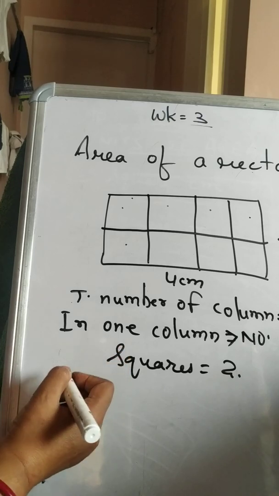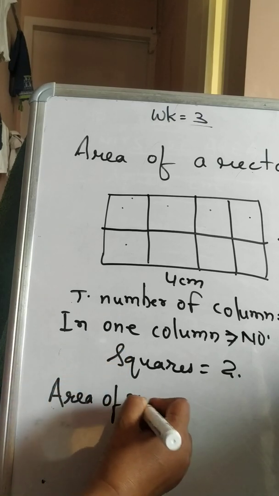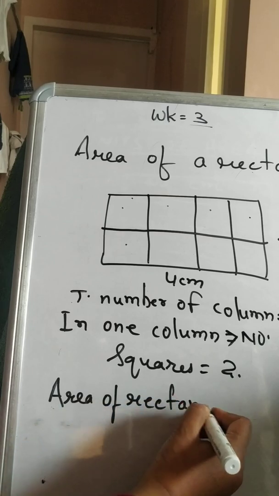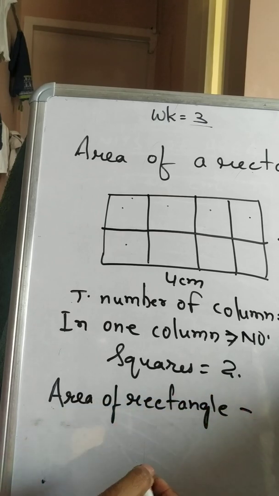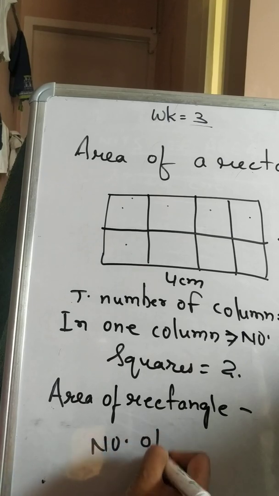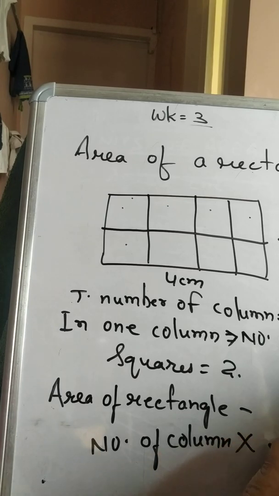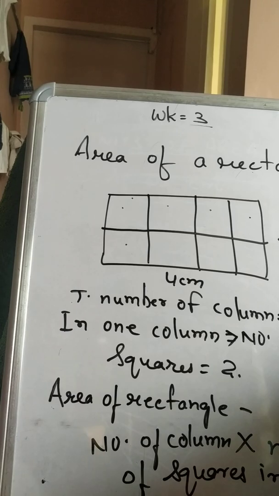So in order to find the area of a rectangle, we can multiply the number of columns with the number of squares in each column.